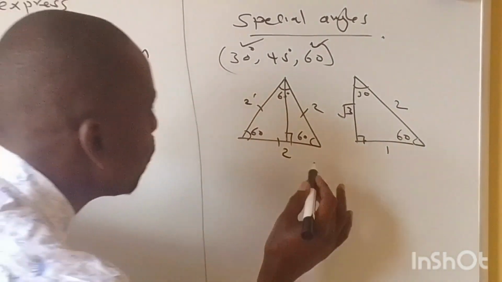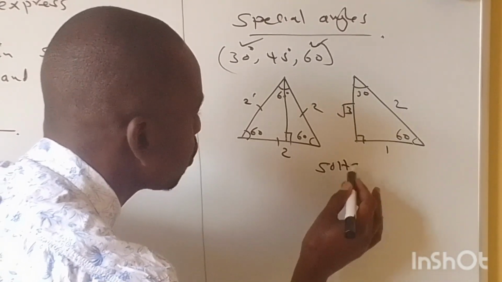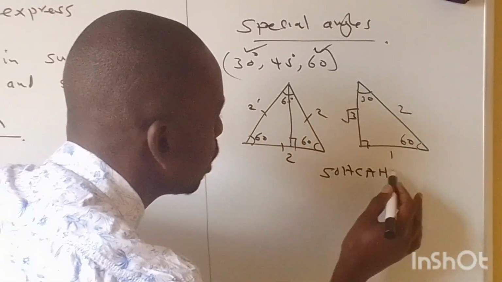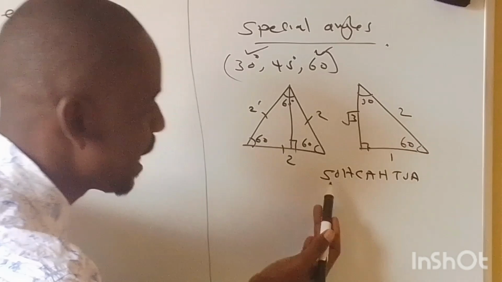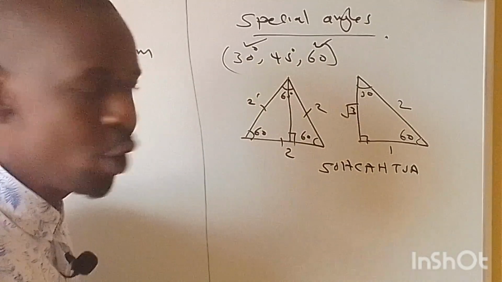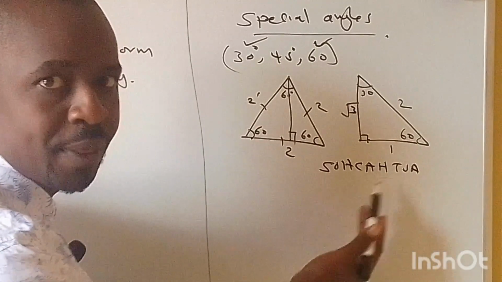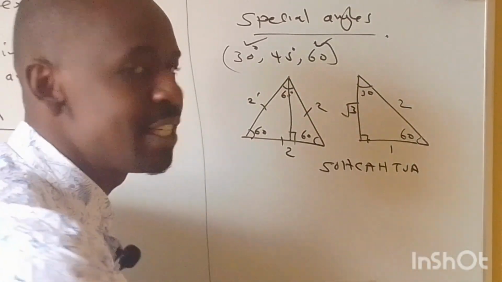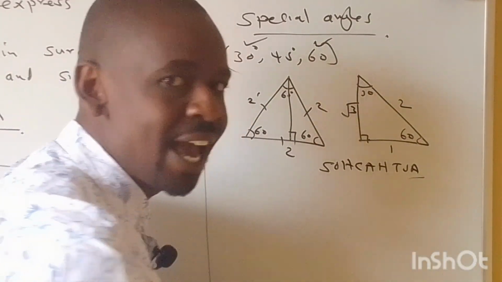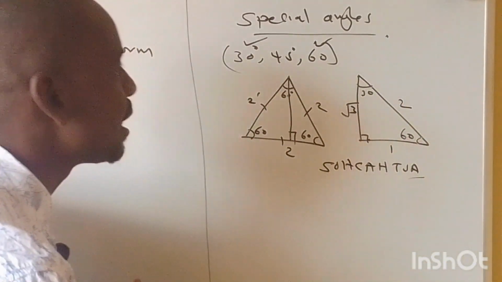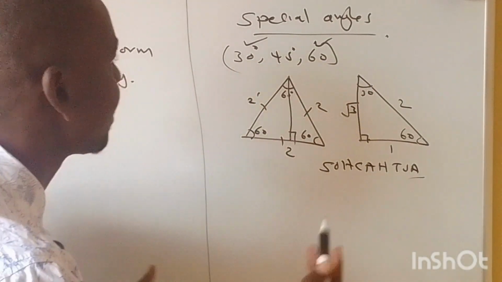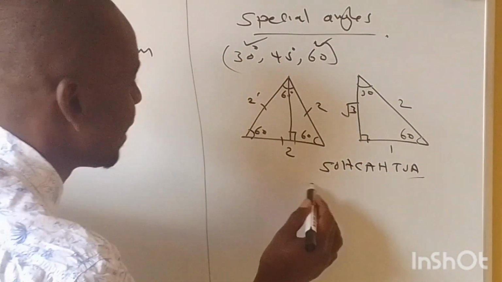So that means from SOHCAHTOA, whereby you know the sine is the opposite over hypotenuse, cosine is the adjacent over the hypotenuse, and the tan is the opposite over adjacent. So if now you want to determine, for example, the sine of 30.